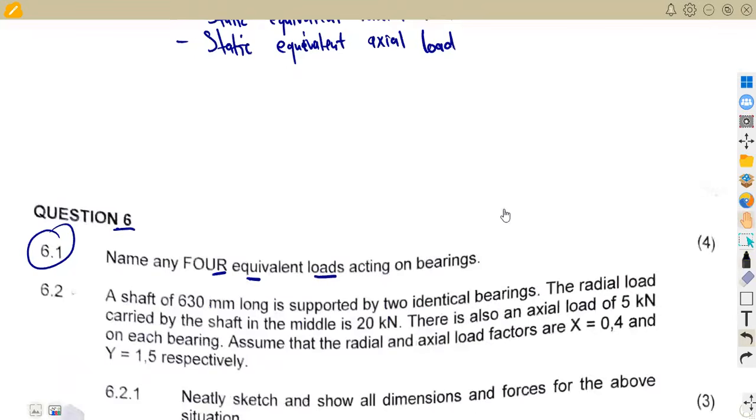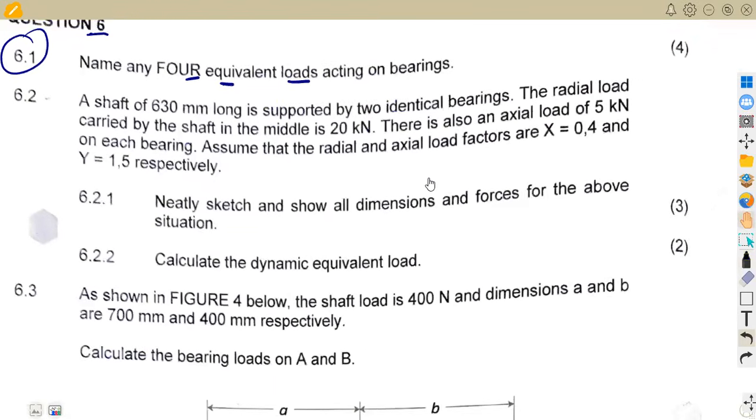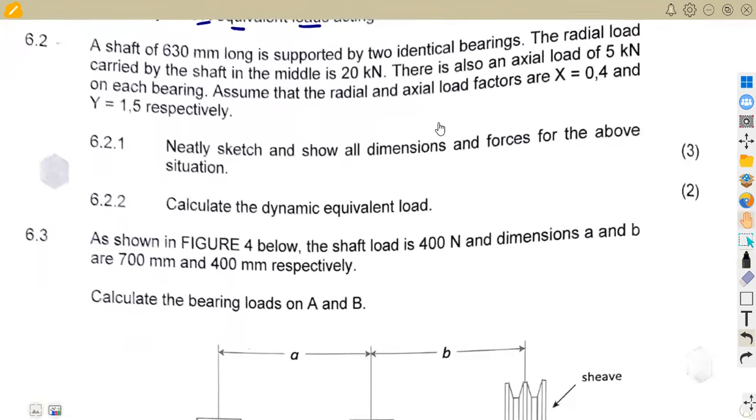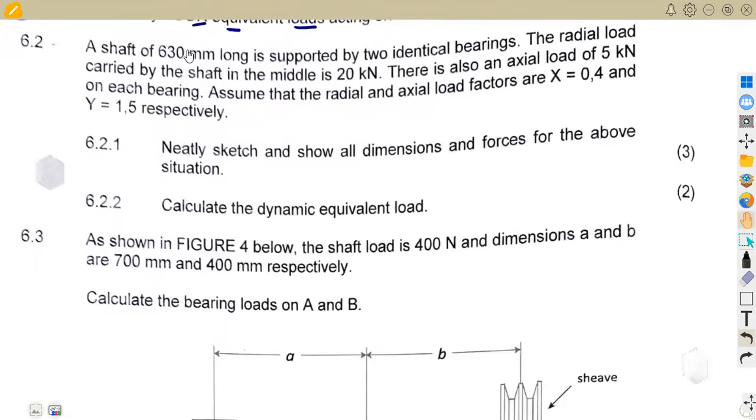All right, so that was your question 6.1. In 6.2, we are given a shaft that is 630 millimeters long, supported by two identical bearings. Take note here, we are given the radial load that is being carried by the shaft in the middle, which is 20 kilonewton.